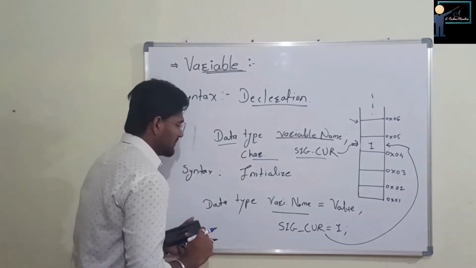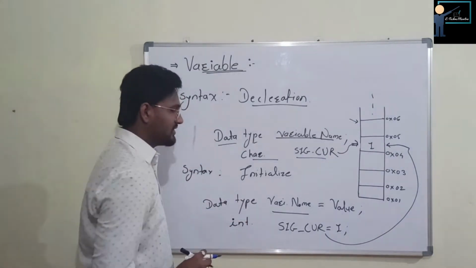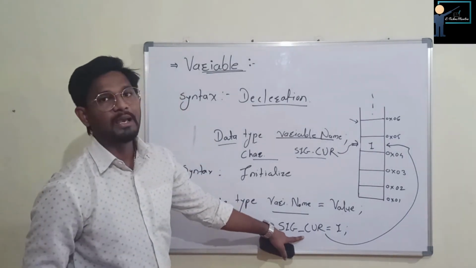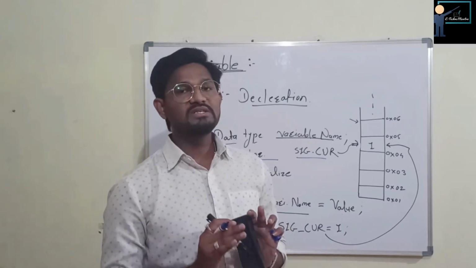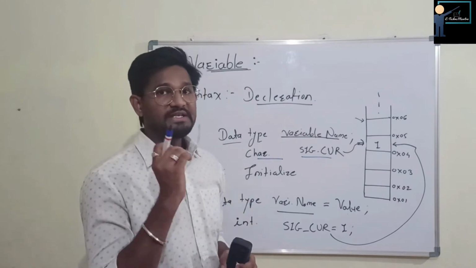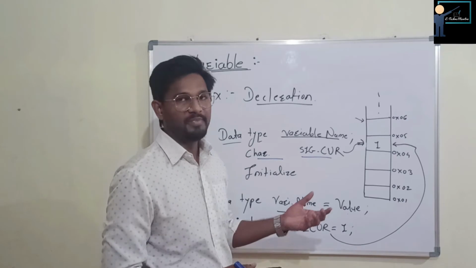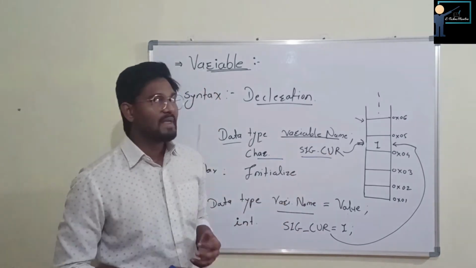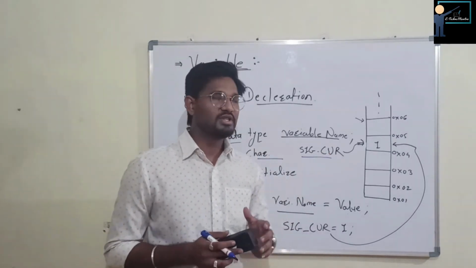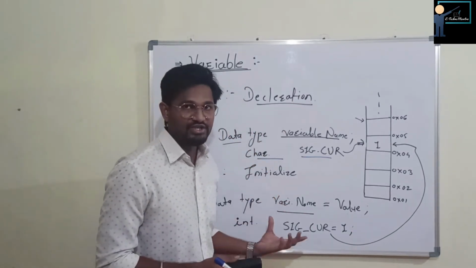If we use an integer, int, as the data type, this variable has a capacity of 4 bytes, which means 32 bit. So the data type shows the storage capacity of a variable, that is, how much data can be stored by the particular variable. Now I think you are clear on what a variable is, variable declaration and initialization.